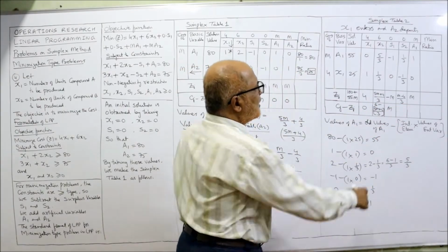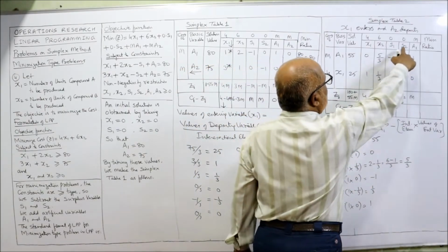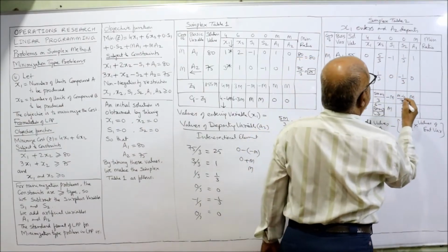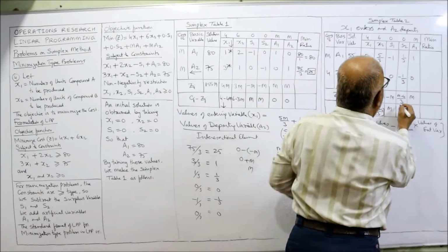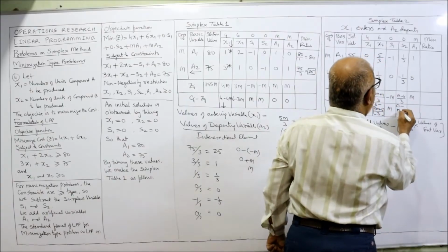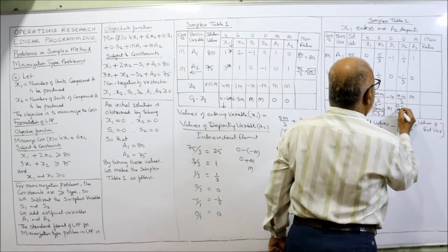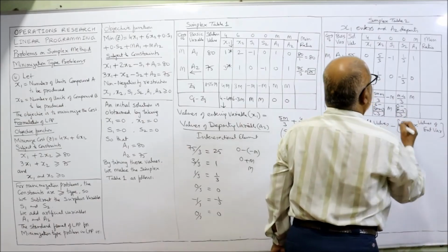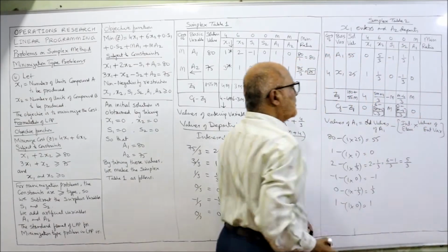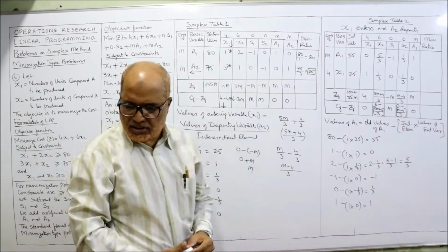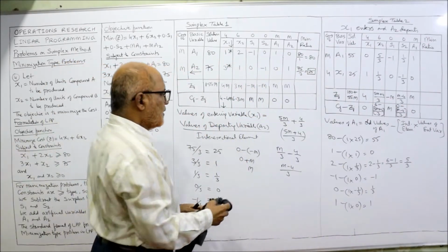That's all. Now this one, here we are calculating Cj. So 0 minus m minus 4 divided by 3. That's it. So here m minus m is 0. That's all.